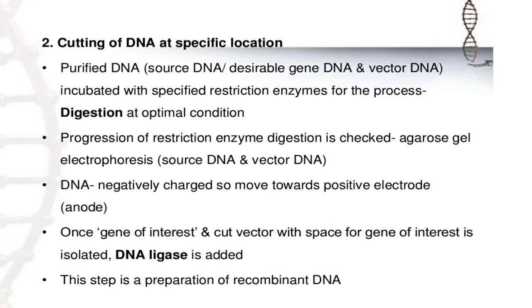DNA is negatively charged, so it moves towards the positive electrode. Once the gene of interest and the cut vector with space for the gene of interest are isolated, DNA ligase is added. DNA ligase acts as a glue. This step is the preparation of recombinant DNA.